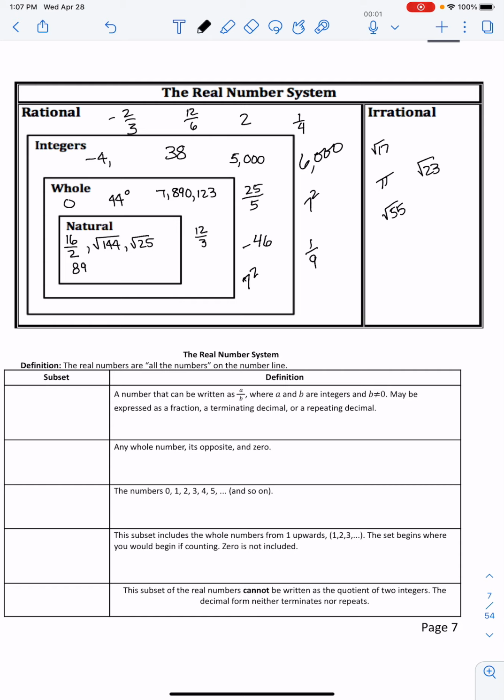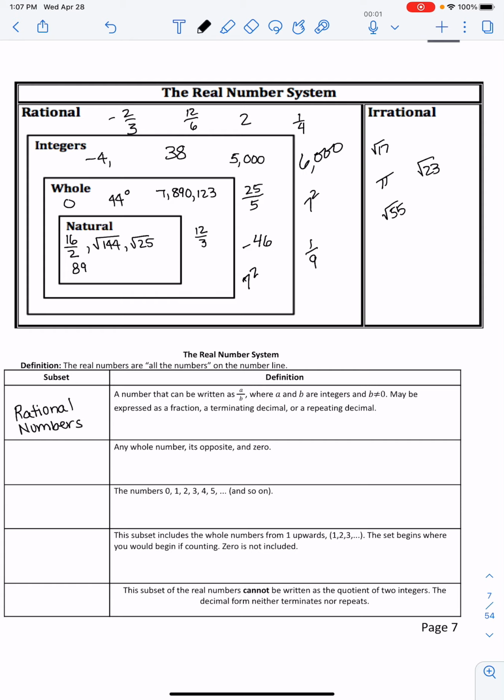So the real number system, by definition, the real numbers are all the numbers on the number line, okay? So our subsets, by definition: rational numbers, that is like our biggest umbrella. All numbers are either rational numbers or irrational, in the real number system.